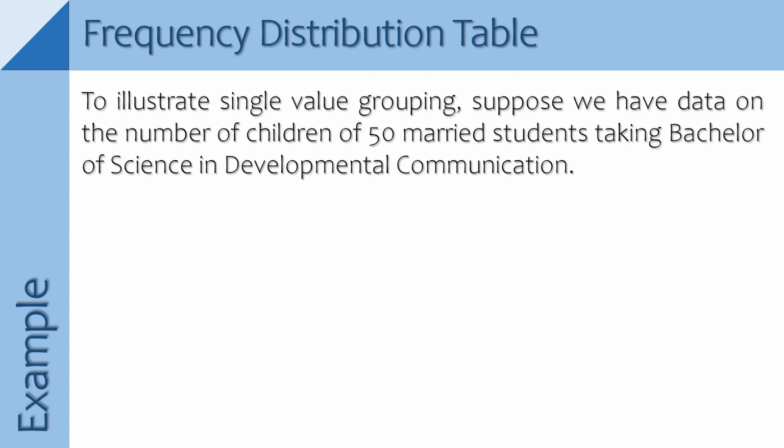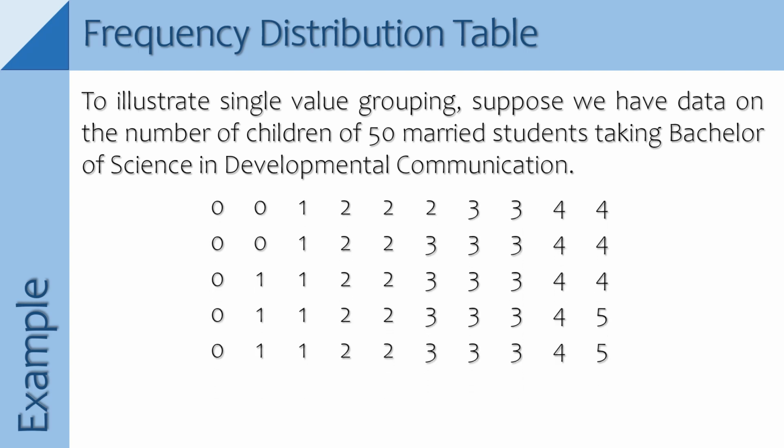Okay, so to illustrate single value grouping, suppose we have data on the numbers of children of 50 married students taking Bachelor of Science in Developmental Communication. Okay, so those data are 0 0 0 0 0, 1 1 1 1 1, 2 2 2 2 2, 2 2 2 2 2, 2 3 3 3 3, 3 3 3 3 3, 3 3 3 3 3, 4 4 4 4 4, 4 4 4 5 5.